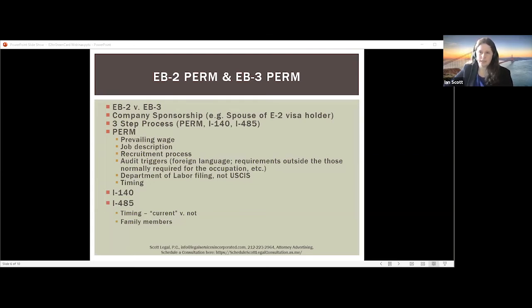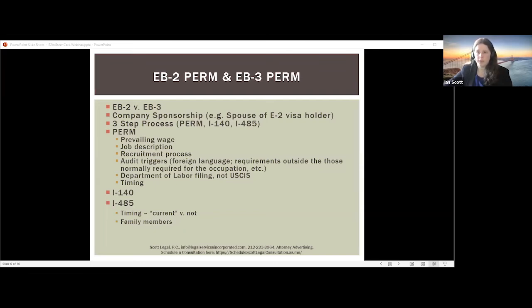What that means is that when you are drafting the job description, the government wants the job to be as open as possible to US workers, so you can only include requirements that are the minimum requirements to do the job in a reasonable manner. Once that's all set, then you would file for your prevailing wage. That's where the company is going to ask the government, what do I need to pay for this position? The company will make a recommendation, but the Department of Labor has the ultimate say over what the prevailing wage will be.